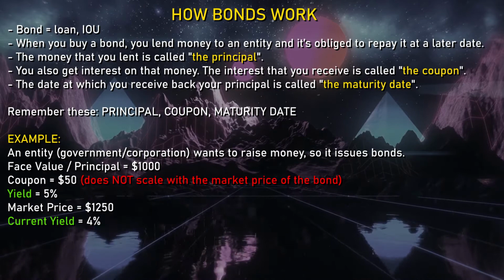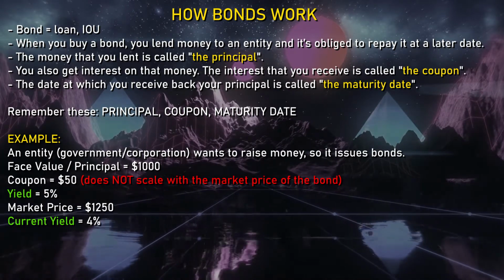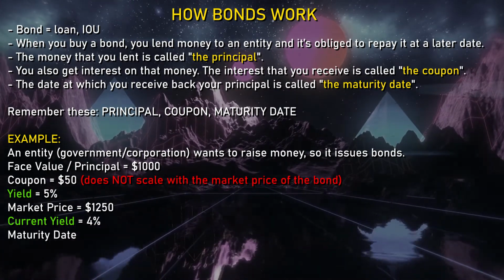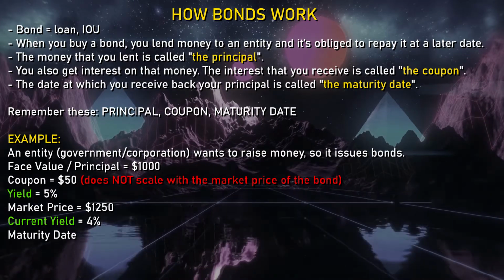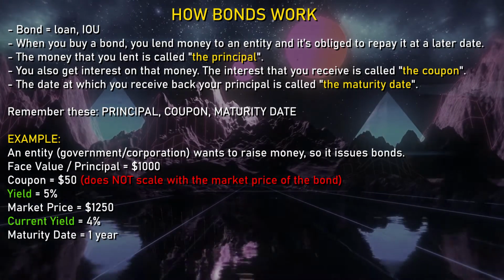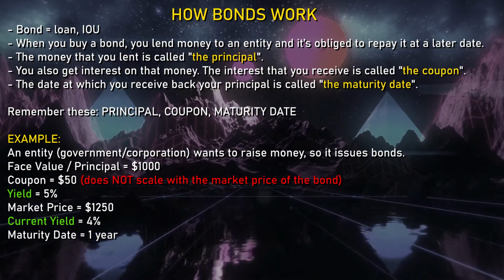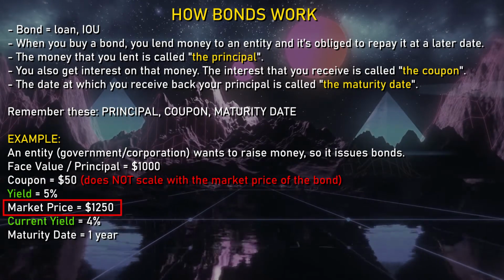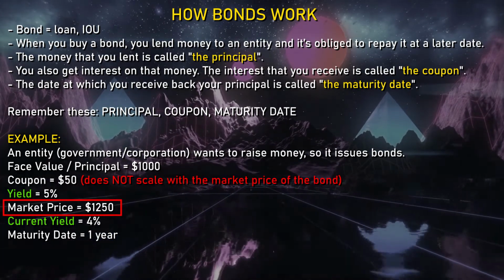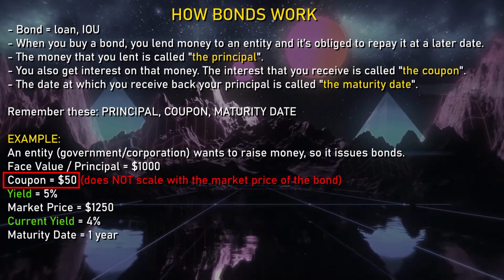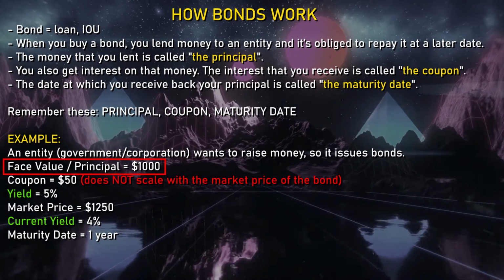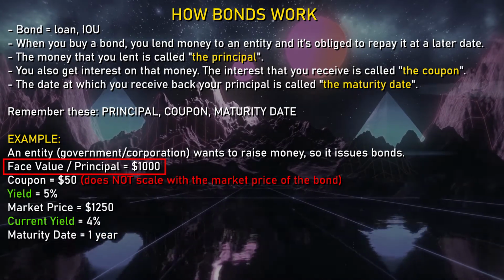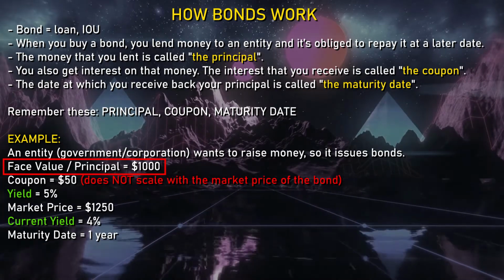But wait, there's more. I hope you haven't forgotten about the maturity date. What if this bond has only 1 year left until maturity? Well, you're in big trouble. You just paid $1,250 for a bond that will give you back $50 as a coupon and another $1,000 once it reaches maturity, because that was its face value when it was issued.